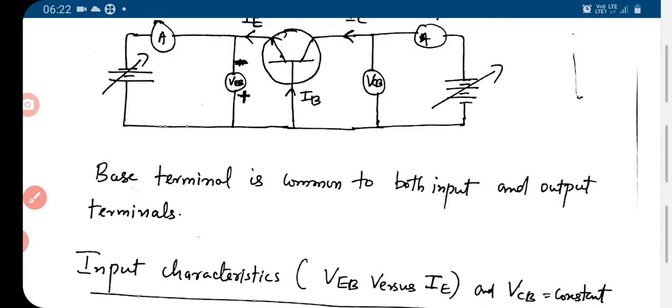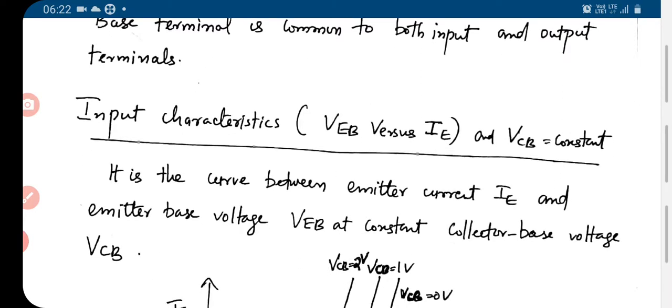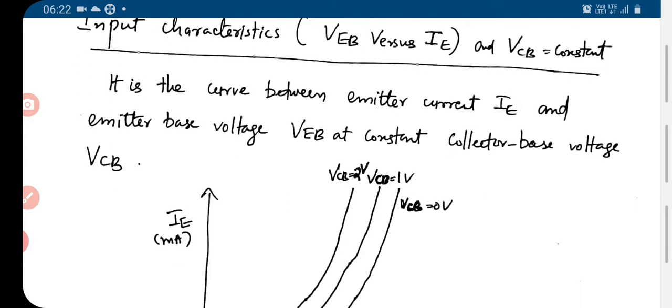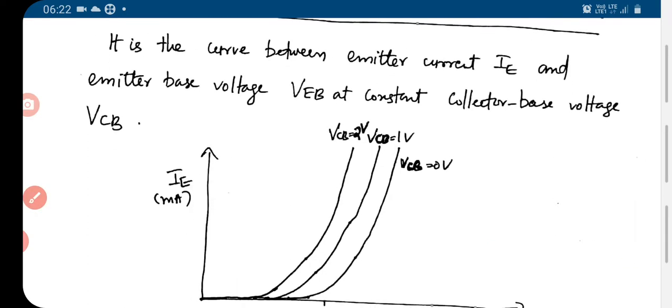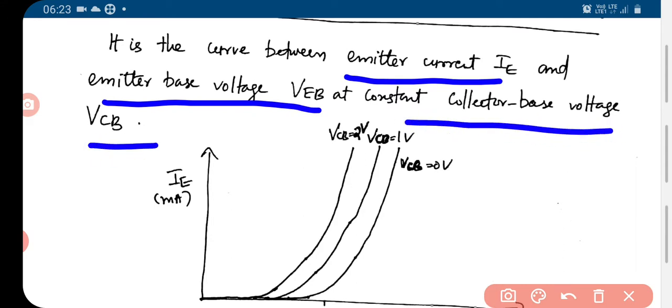So this is how we draw the input characteristics, VEB versus IE, when VCB, the voltage in the output circuit, is constant. It is the curve between the emitter current IE and the emitter base voltage VEB at constant collector base voltage VCB.